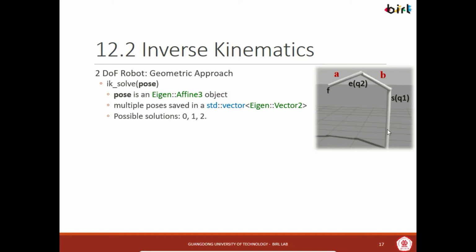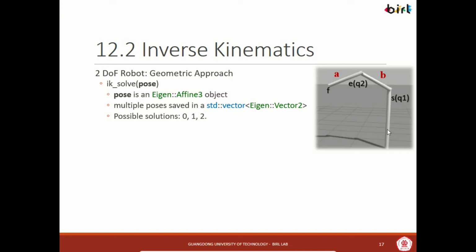And then you can also save here, sorry, I think it's not multiple poses, multiple joint configurations. Let me see, this is a vector 2. What did I write here? Sorry, I have a memory lapse here.